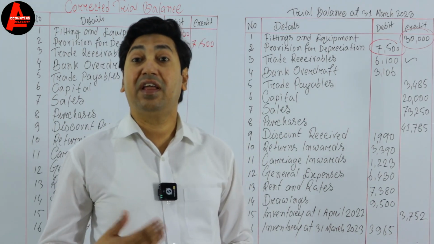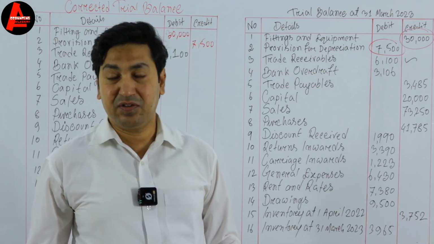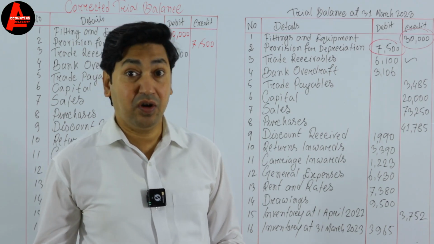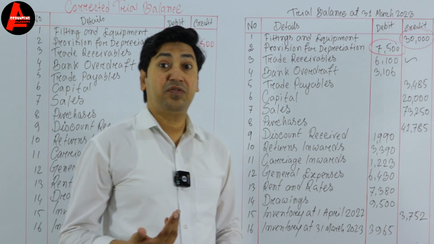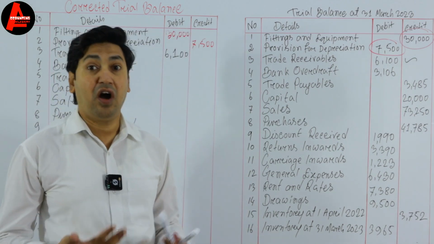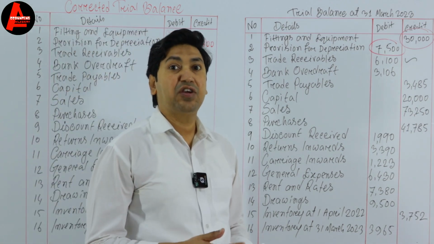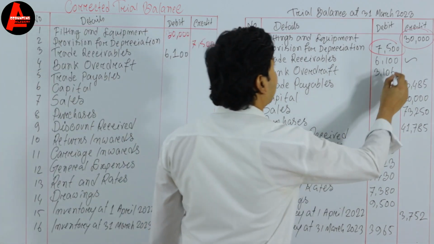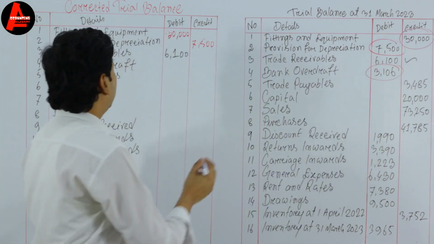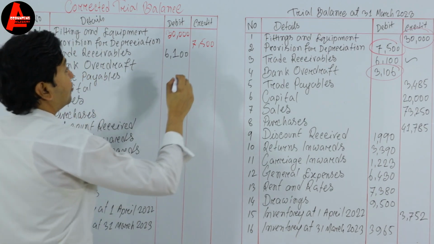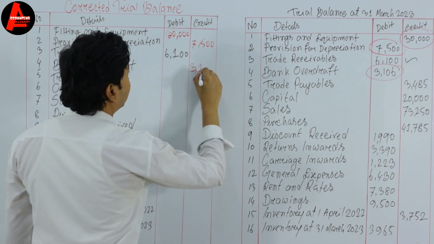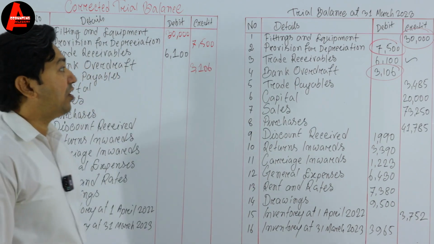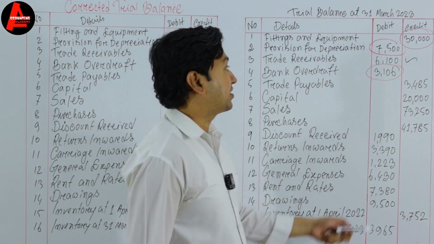Bank overdraft is a current liability. It is a bank loan, a type of loan. So loans of all types and liabilities of all types will be credited. So it is not correct here. We will write this amount on the credit side, $3,106.